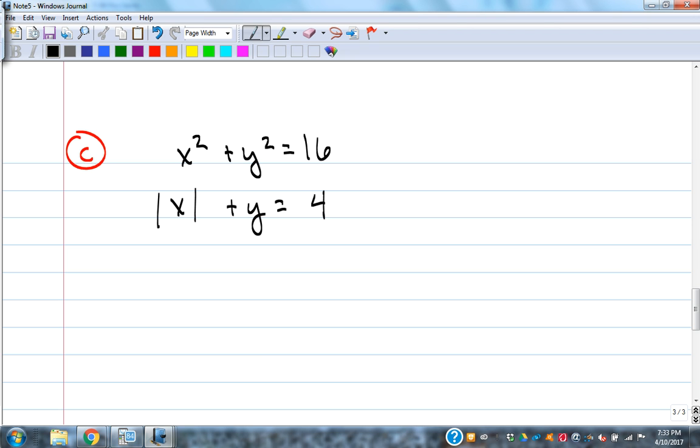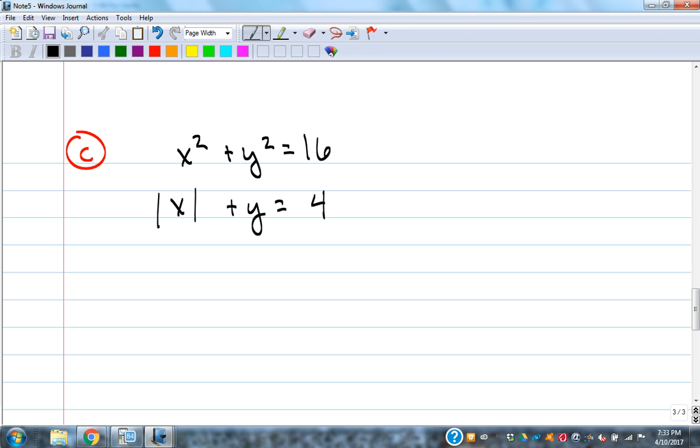Now, this one's weird because you don't have things canceling each other out. We don't have y squareds that cancel each other. We have a plain y, and then we have x squareds and y squareds. And we got an absolute value of x, which is the weird part.